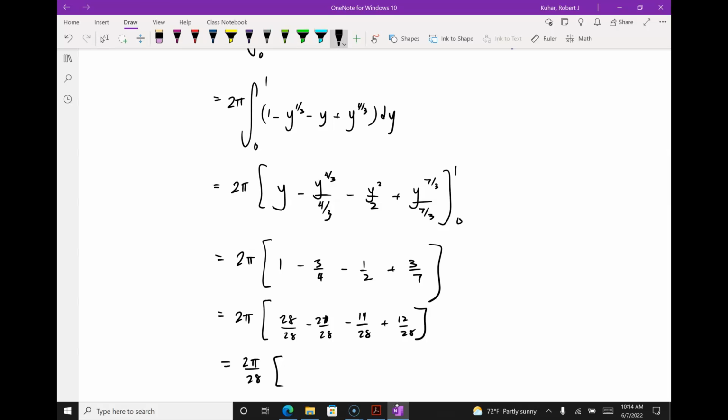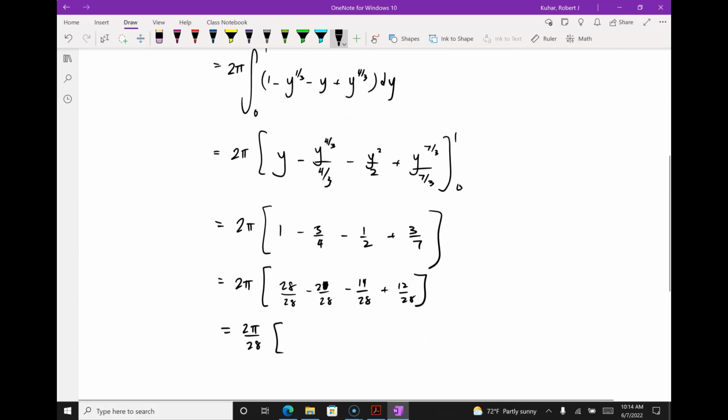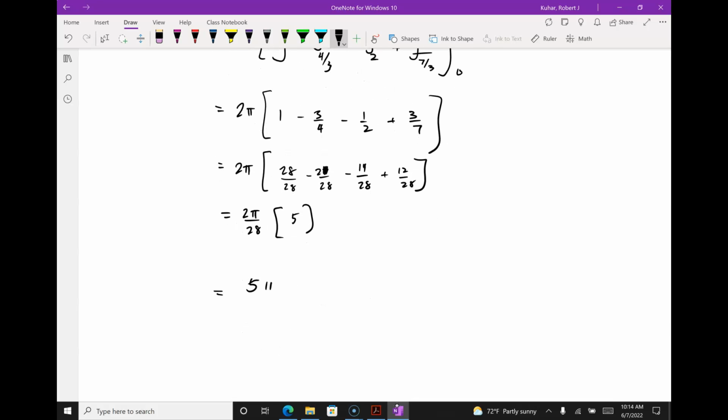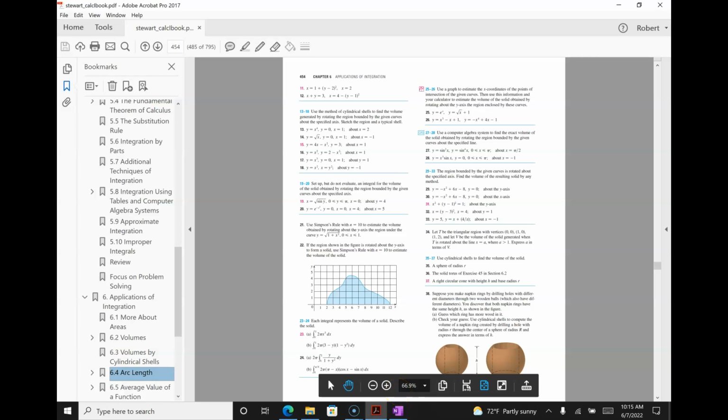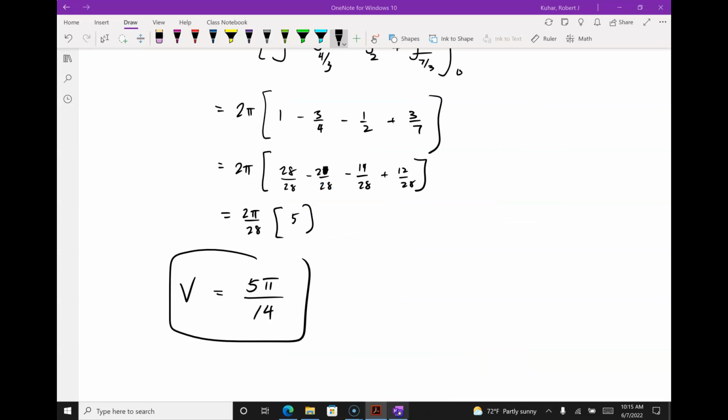Oh, there it is. I found it. 5 pi over 14. Five pi over 14?